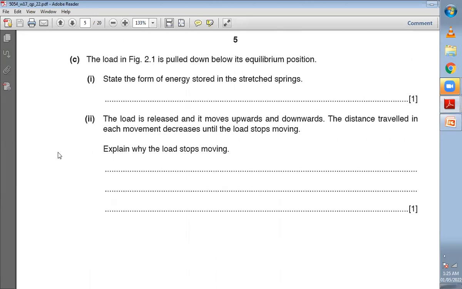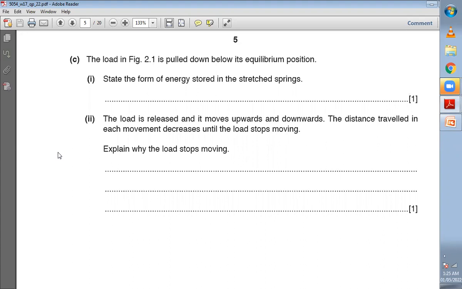The load in the figure 2.1 is pulled down below its equilibrium position. State the form of energy stored in the stretched spring. So you see, when you pull a spring downward, the spring will stretch. The spring has a restoring force in it. So when you pull it downward, you have to work against that restoring force.